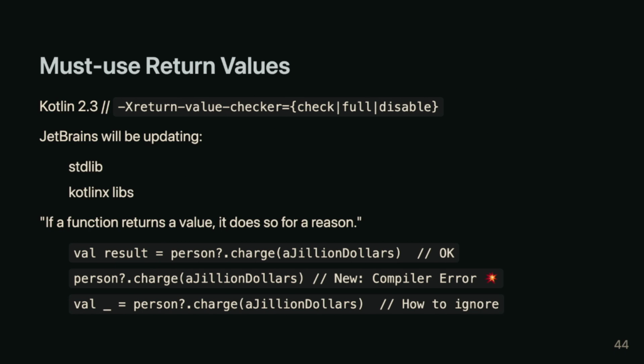We already use underscores in a lot of places to ignore things, right? Destructuring, if you don't care, you can use underscores. Lambda parameters, if you don't care about them, you can use underscores. So there are already examples of this in the language. This feels like it makes sense. Could change, but this is what they're proposing right now.